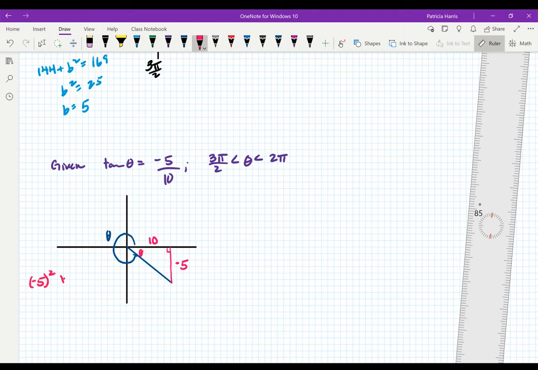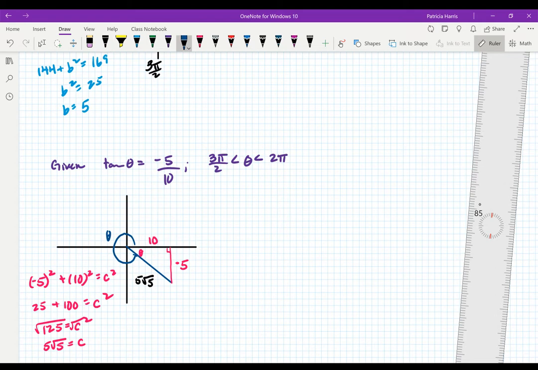Now the hypotenuse is never negative, if that helps you out at all. But it can have radicals.